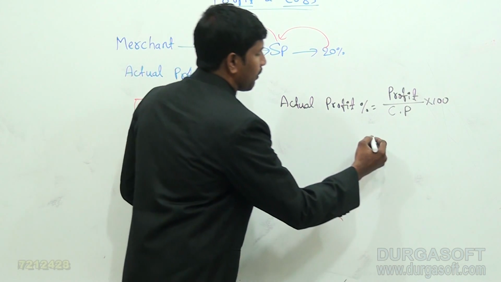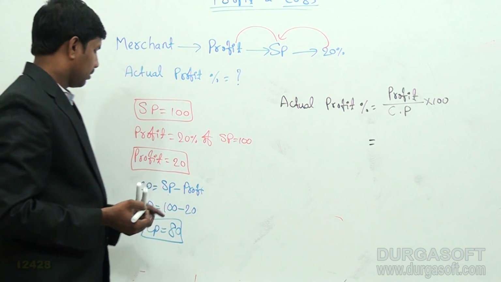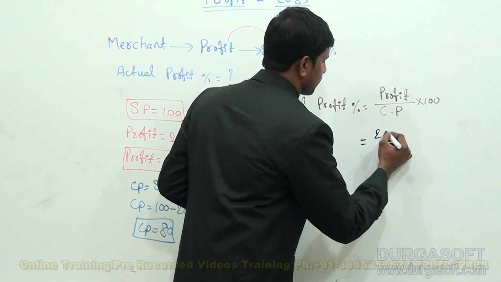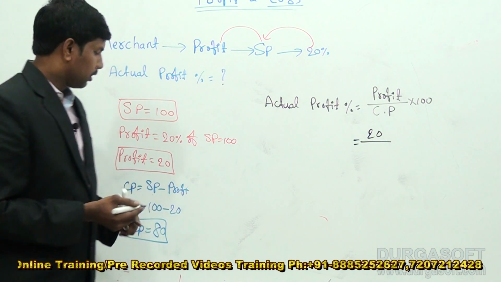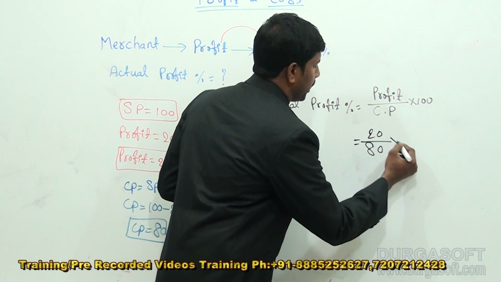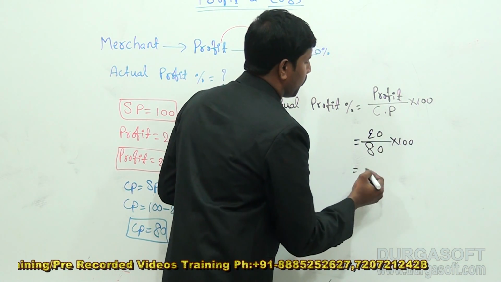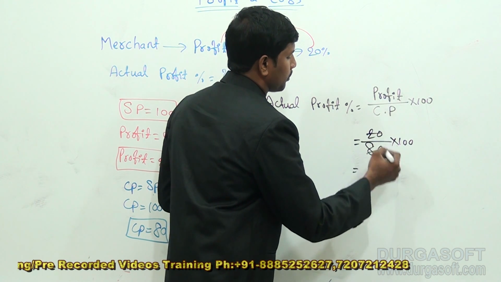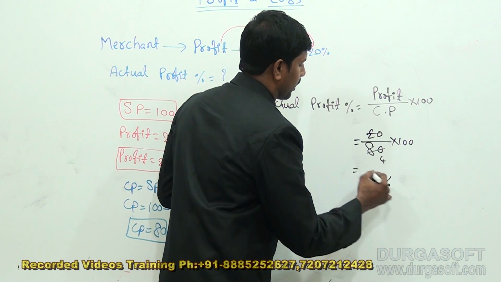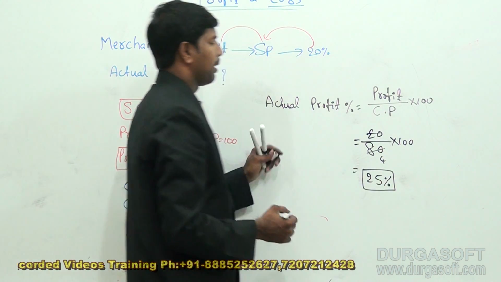Now actual profit percentage is equal to the profit, which is clearly 20 rupees, by the cost price 80 rupees, into 100. If you calculate, 20 in 80 is 4 times, so 1 by 4 into 100 gives us the answer as 25%.